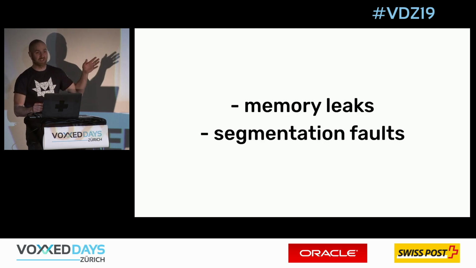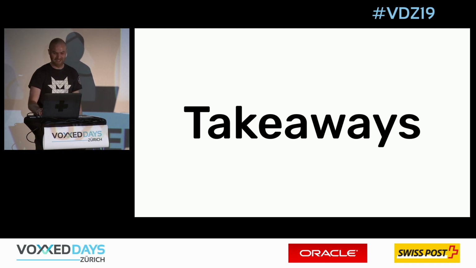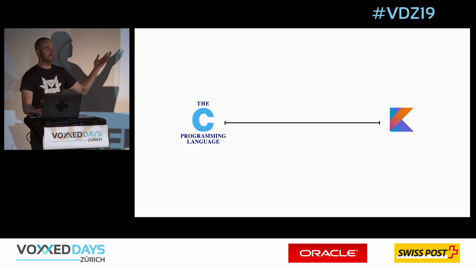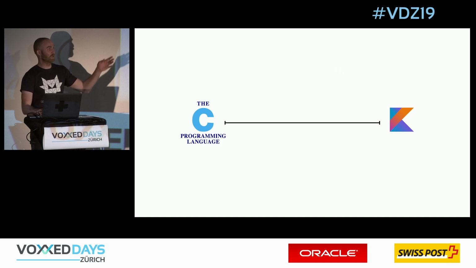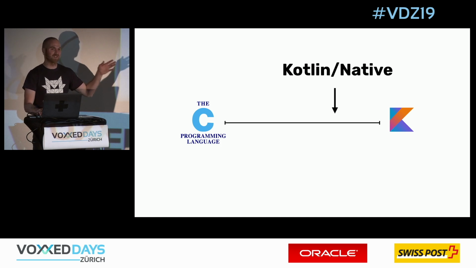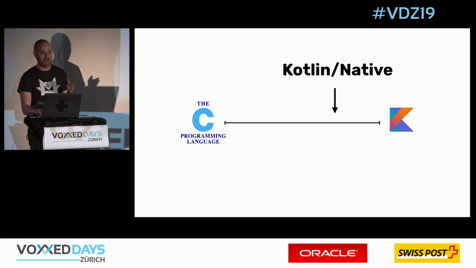But you also get all the native stuff, like true memory leaks, segmentation faults when your program crashes, all the good things. And some takeaways: if there was a continuum between C and Kotlin, I mean Java, Kotlin, then Kotlin Native goes somewhere here. It's not as easy to program as maybe the JVM, but if you know Java, you almost know Scala.